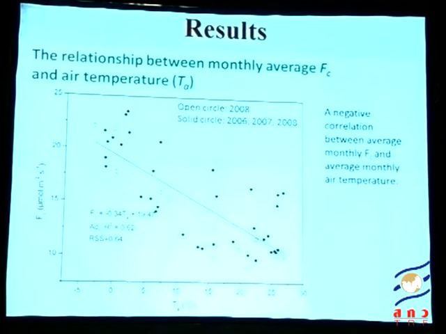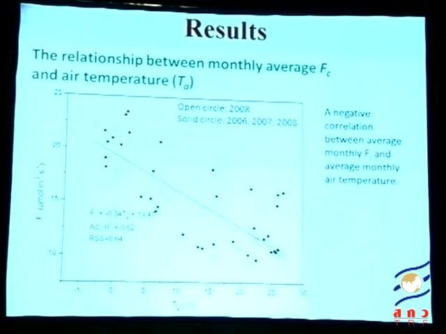How about the relationship between the carbon dioxide flux and air temperature on the monthly scale? We can find a negative correlation between the averaged monthly carbon dioxide flux and the averaged monthly air temperature. That is not just in Beijing; in Łódź, Poland, they also found a good linear relationship, a negative correlation with air temperature.